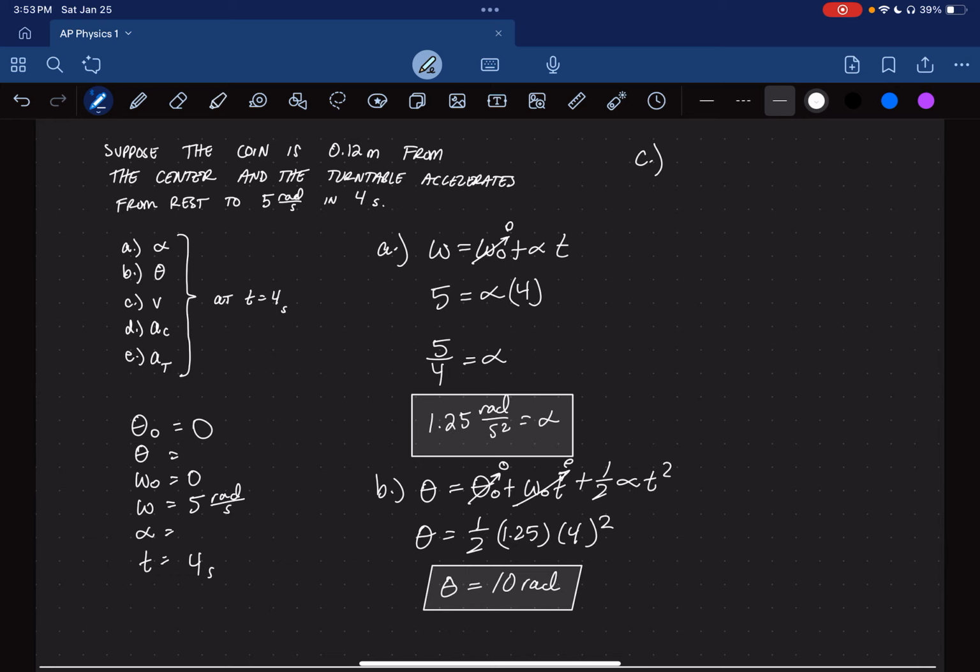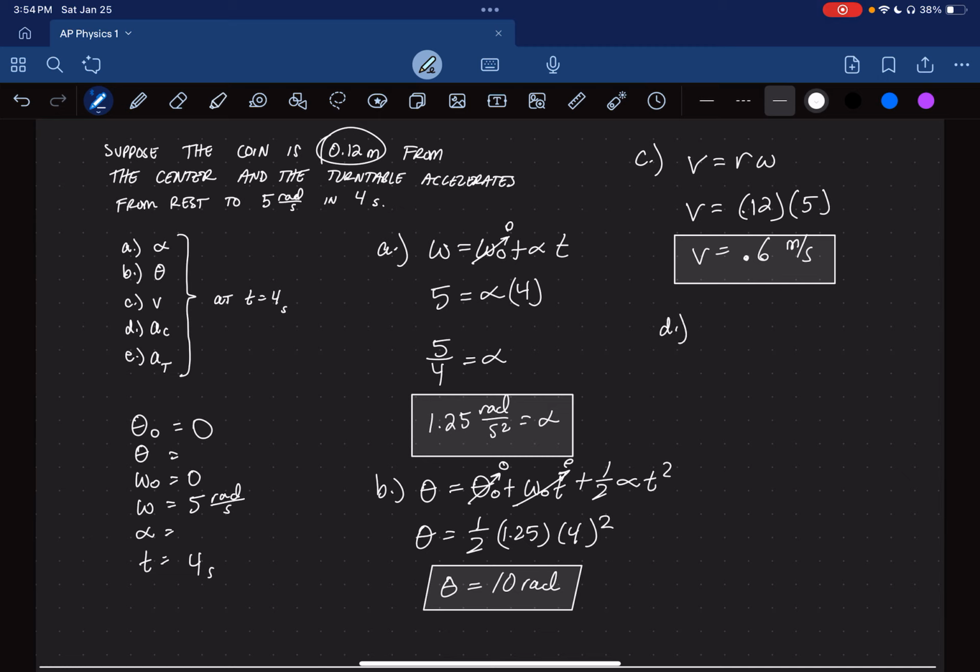Now we need v. What is the speed of the coin at 4 seconds? That's v is equal to r, which is 0.12, the distance, and omega is 5 radians. What is that, 0.6? 0.6 meters per second is its linear speed. Okay.